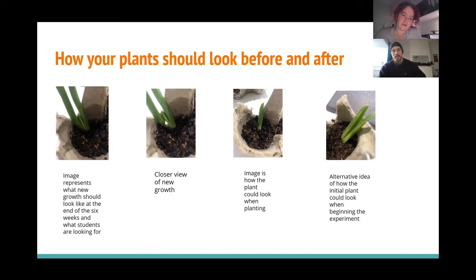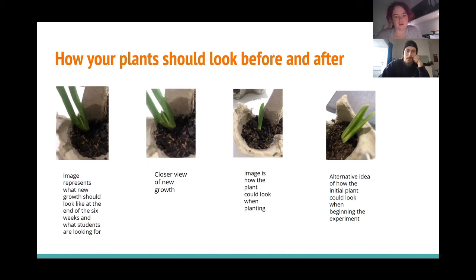If you see just between these leaves, we have a tiny little new growth shoot, and that will eventually grow to be about the same size as the other shoots of the leaves.